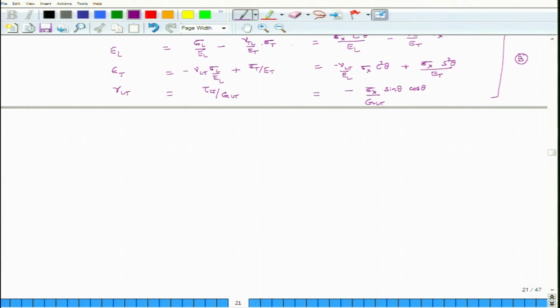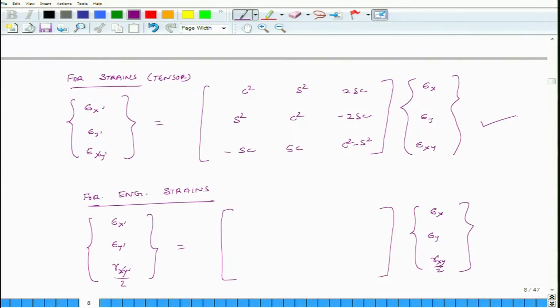We also know from our stress transformation equations, these are the strain transformation equations, or if we are talking about engineering strains, these are the transformation equations. From this set of equations, we can express epsilon L, epsilon T and gamma LT in terms of epsilon x, epsilon y and gamma xy. In this case, we are going from LT coordinate system to xy coordinate system.